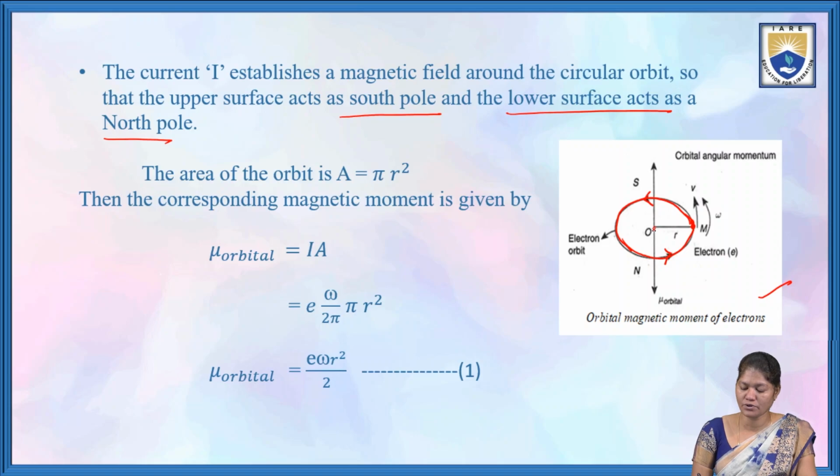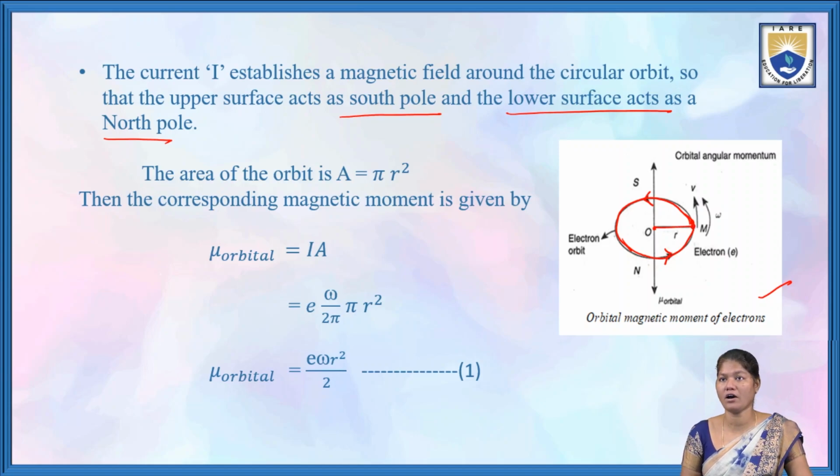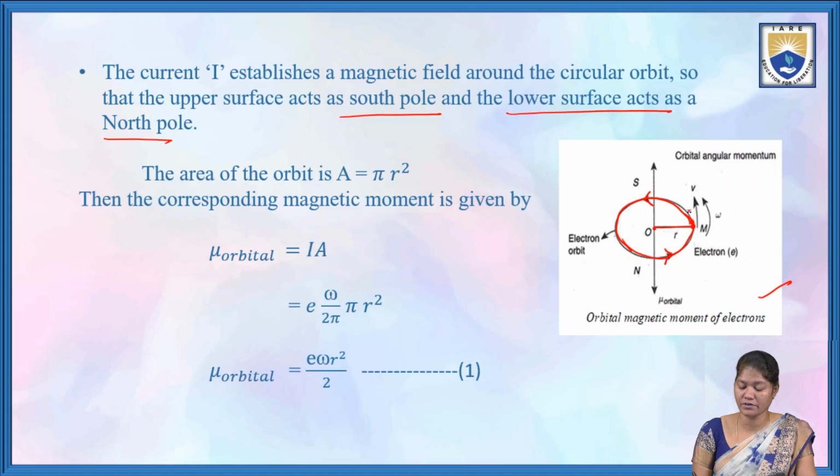The distance from the nucleus, that is the radius of the orbit in which the electron is revolving, is r. The linear velocity is v, the mass of the electron is m, and the charge of the electron is e.